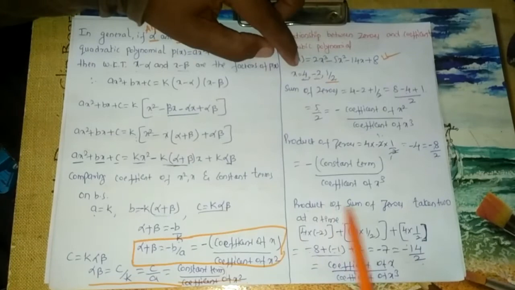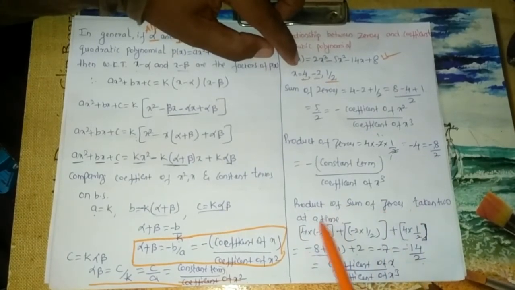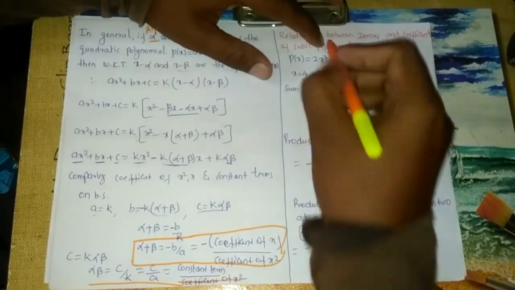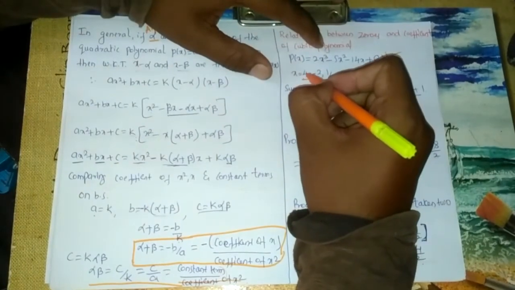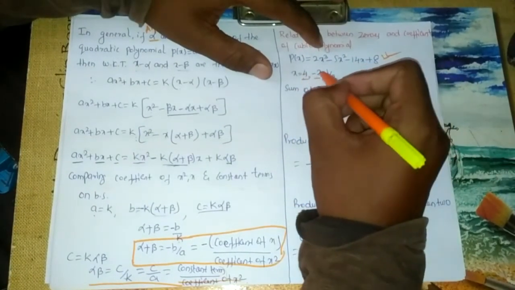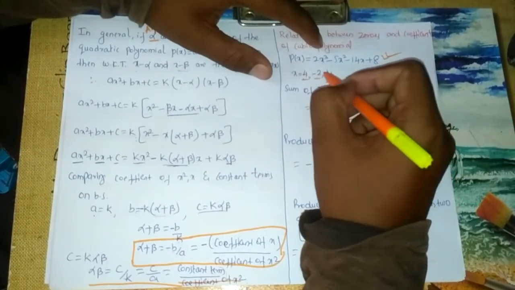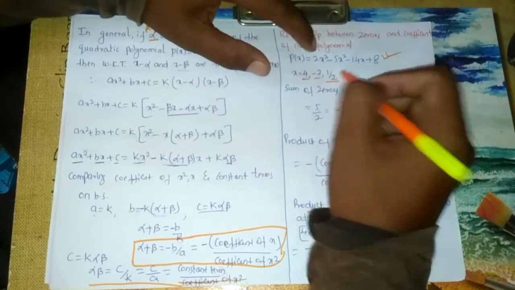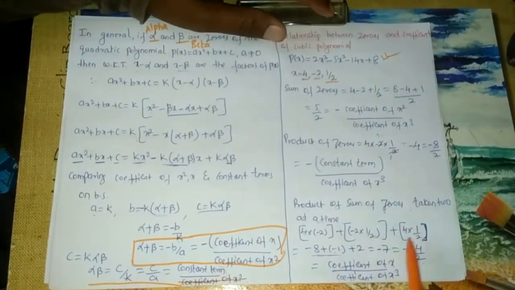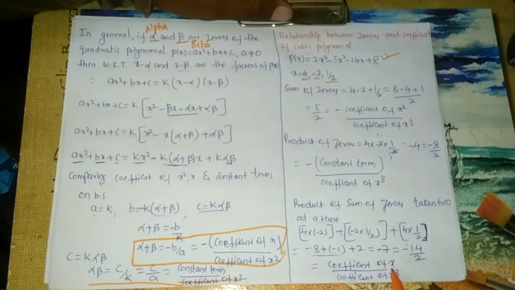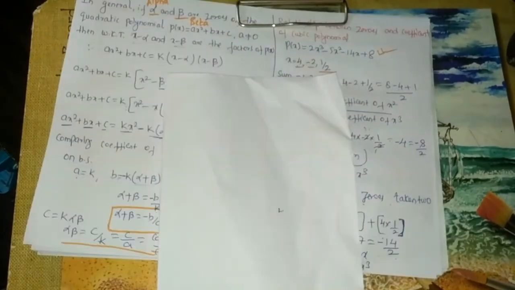And sum of product of zeros taken 2 at a time, we are taking first zero and second zero, then second and third, then third and last, and we are adding it, we get coefficient of x upon coefficient of x cube. Okay, so let us generalize this.